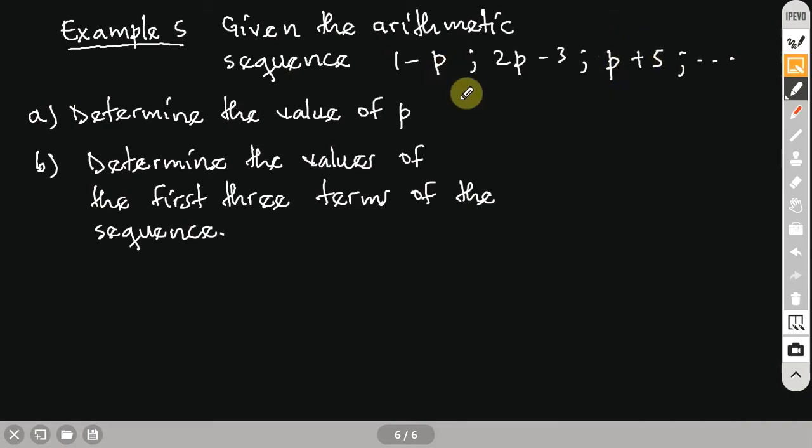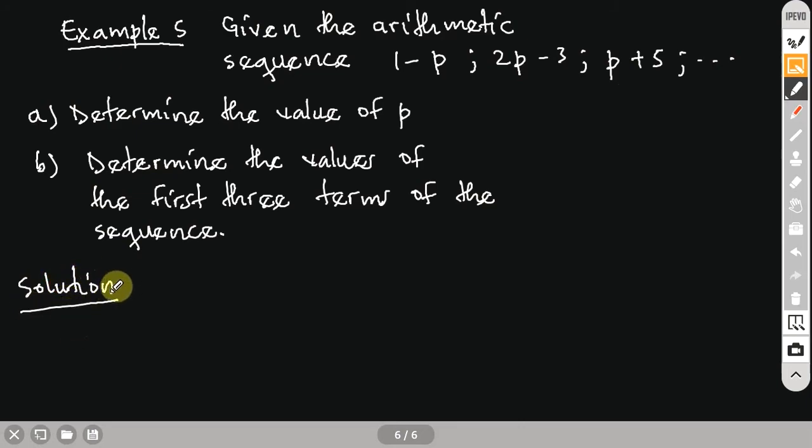So the sequence is given with some letters, and we are told that it is an arithmetic sequence. So when you are told that it is an arithmetic sequence, you know that there is a common difference that is constant. So question A says determine the value of p. We need to find the p inside there. So I'll say solution.